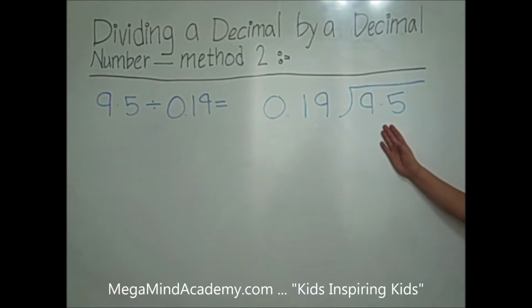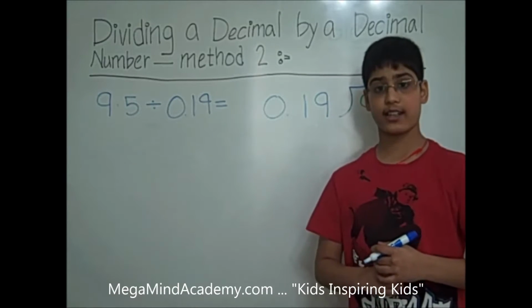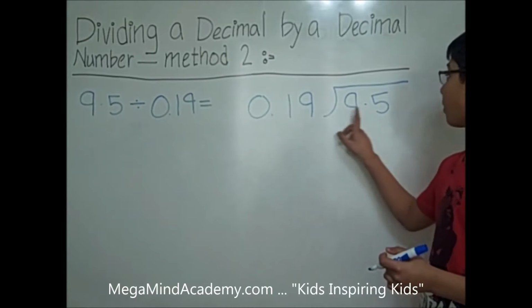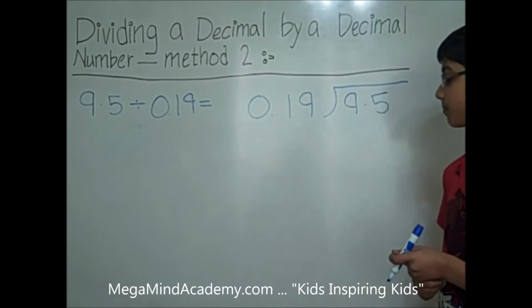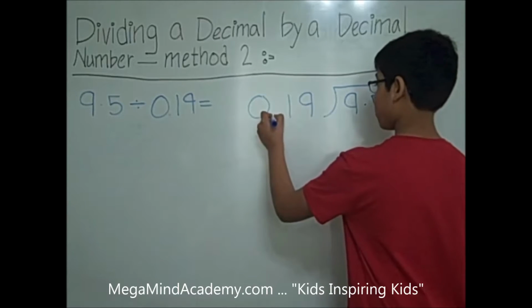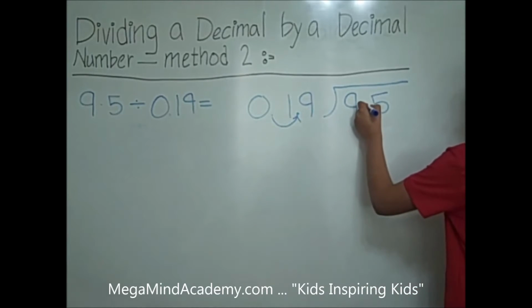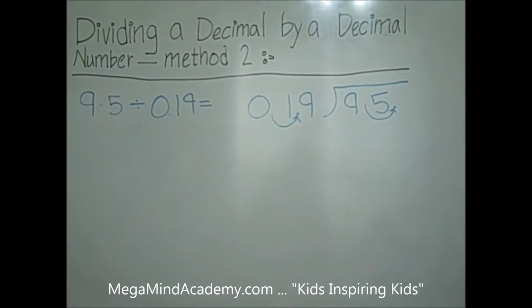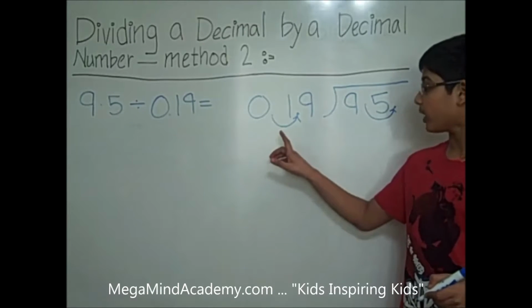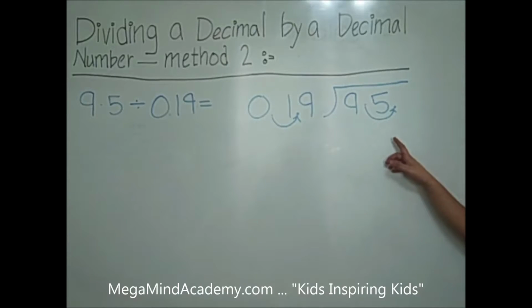So, we got this far. Now we have to do step 1. Step 1, again, is to move both the decimal points to the right 1 space. So, we move our decimal point here, and we move our decimal point here. So, instead of having 0.19, we have 1.9, and instead of having 9.5, we have 95.